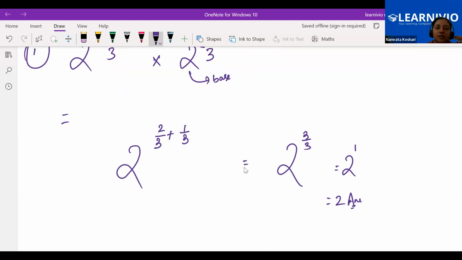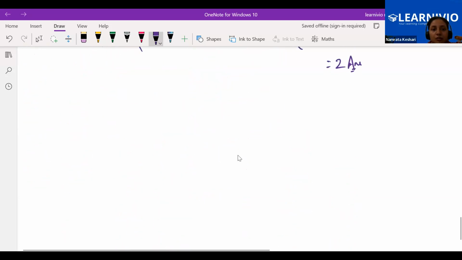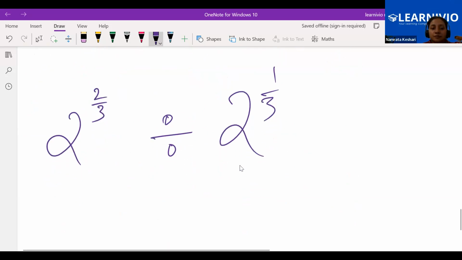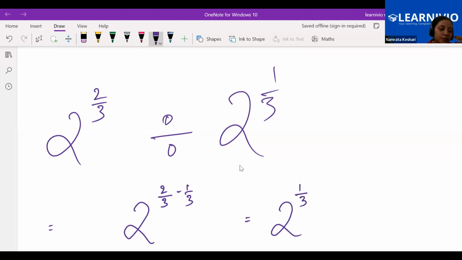Instead of that, if there is division, 2 to the power 2 by 3 divided by 2 to the power 1 by 3, then what will we do? Subtract. Exactly, 2 to the power 2 by 3 minus 1 by 3. The answer will be 1 by 3.